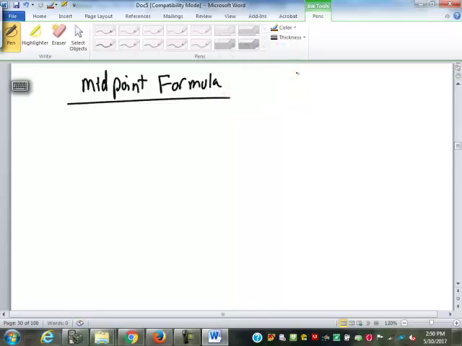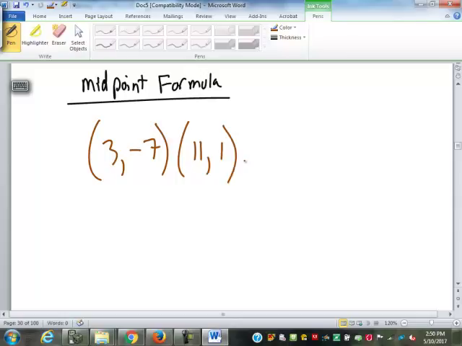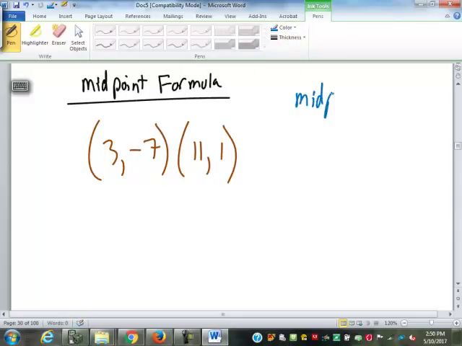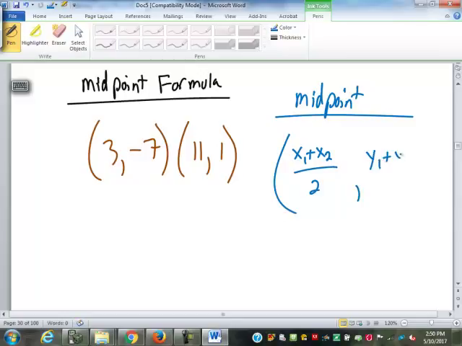Let's say we have 3, -7, and 11, 1 are my points. The midpoint is simply the x coordinate of the midpoint is the average of the x coordinates. The y coordinate of the midpoint is the average of the y coordinates.